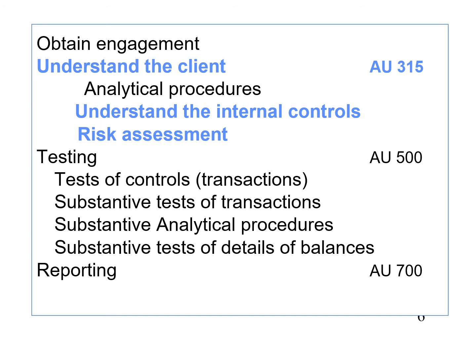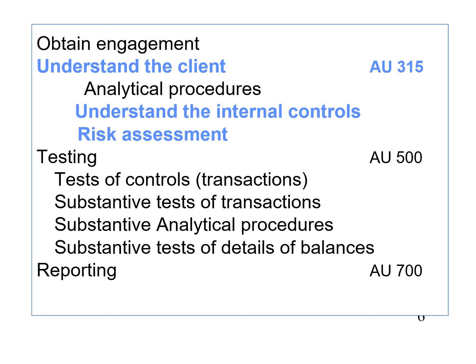A little outline of the audit. Why did Ted emphasize 315, 500, and 700 so much? Well, because after we obtain the client engagement, we have to first understand the client. That's 315. We do that by performing analytical procedures, studying the internal controls, gaining an understanding of the internal controls, and risk assessment procedures.